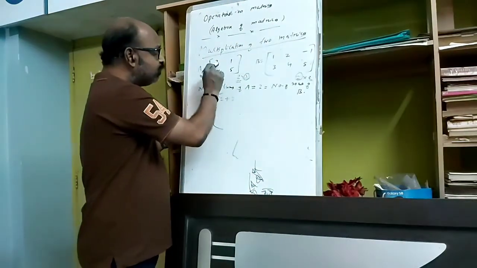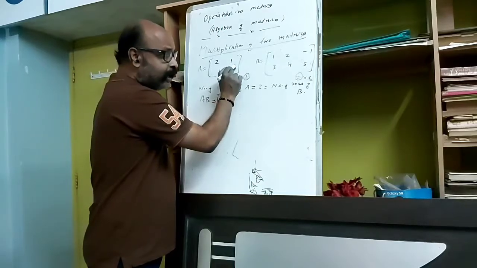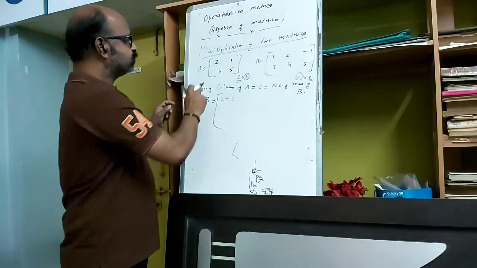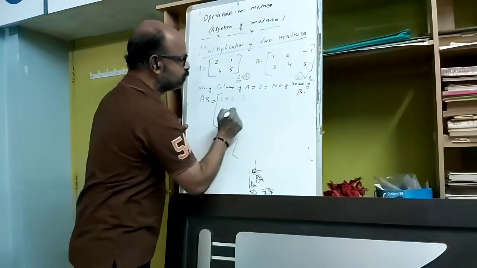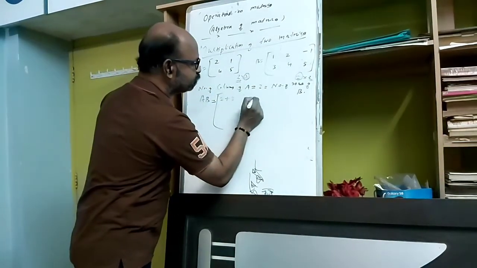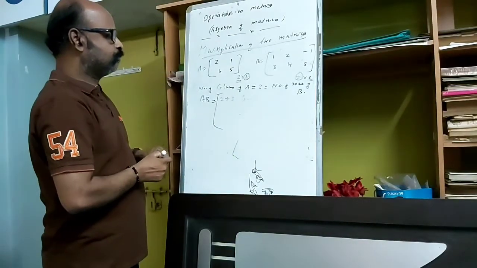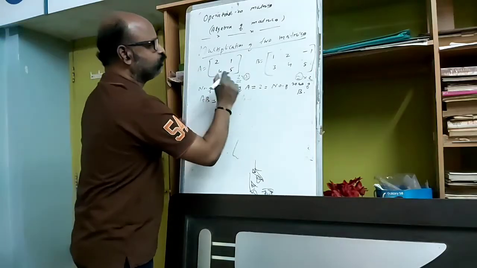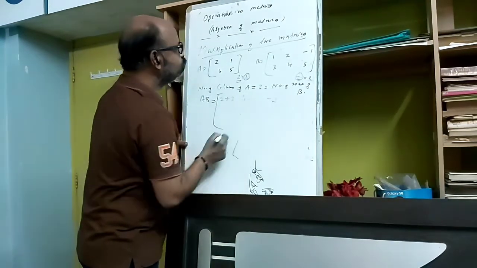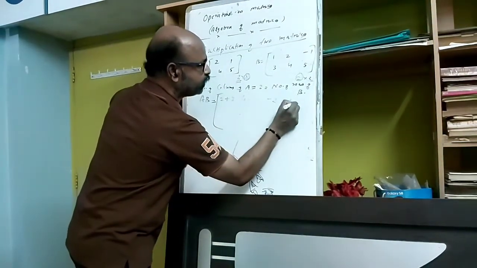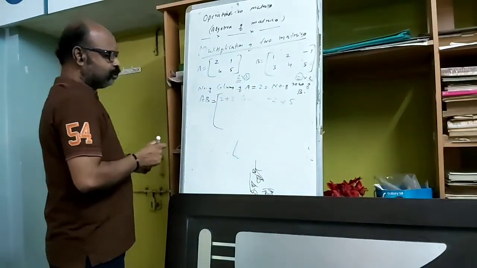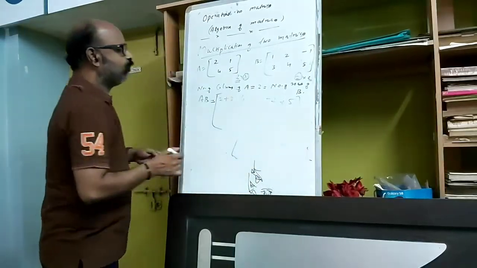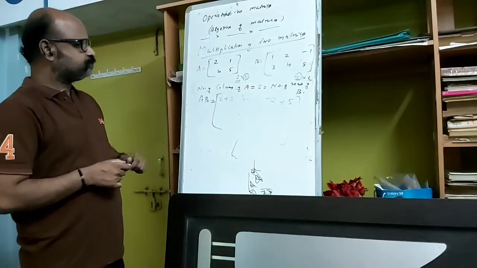Then again we come to the first row of A and go to the second column of B, multiplying the corresponding elements. 2 into 2, 4. 1 into 4, 4. Okay. Then first row, third column: 2 into minus 1, minus 2, 1 into 5, 5. In the same manner, this way we write the first row of the product AB.